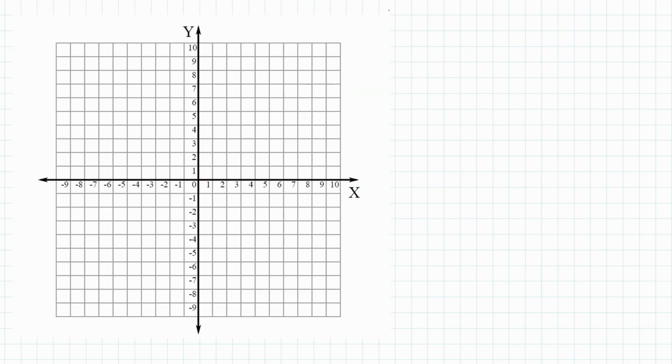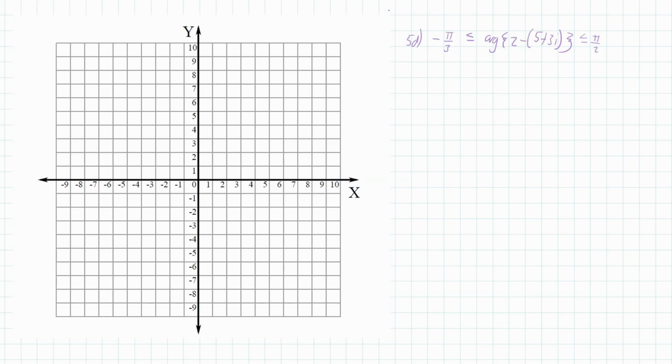We have arg, minus pi over 3 is less than or equal to arg, and now this time we've got our brackets, z minus 5 plus 3i, the bracket, is less than or equal to pi over 2. Okay, so negative pi over 3 is like a 60 degree angle.